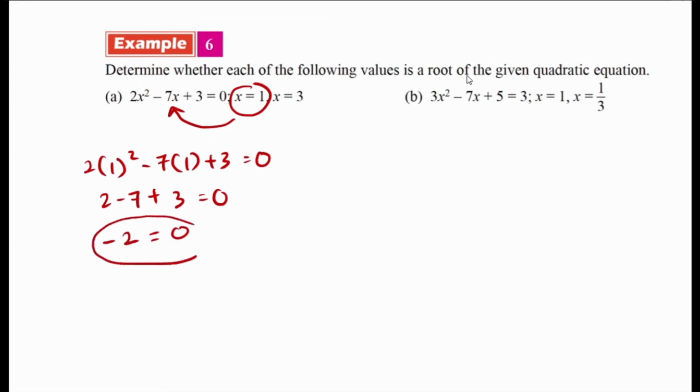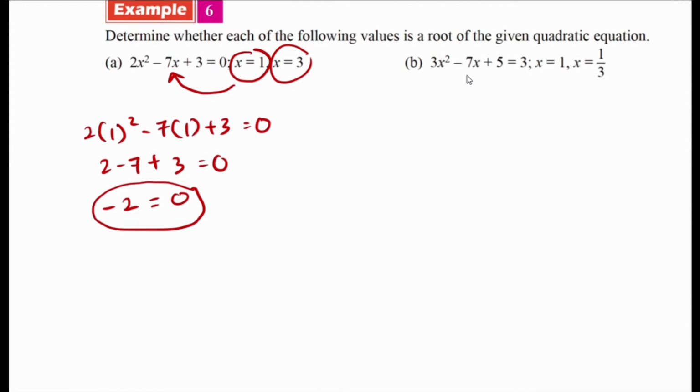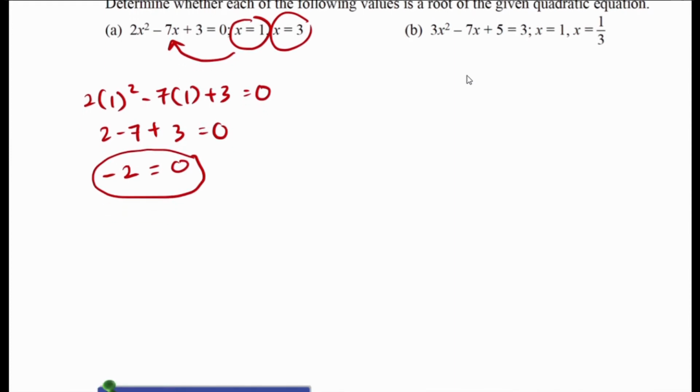Does it satisfy the equation? Is negative 2 equal to 0? No, negative 2 is not equal to 0. So it does not satisfy the equation, which means that 1 is not a root of the quadratic equation 2x squared minus 7x plus 3 equal to 0. Let's check for x equal to 3. So 2 times 3 squared minus 7 times 3 plus 3.